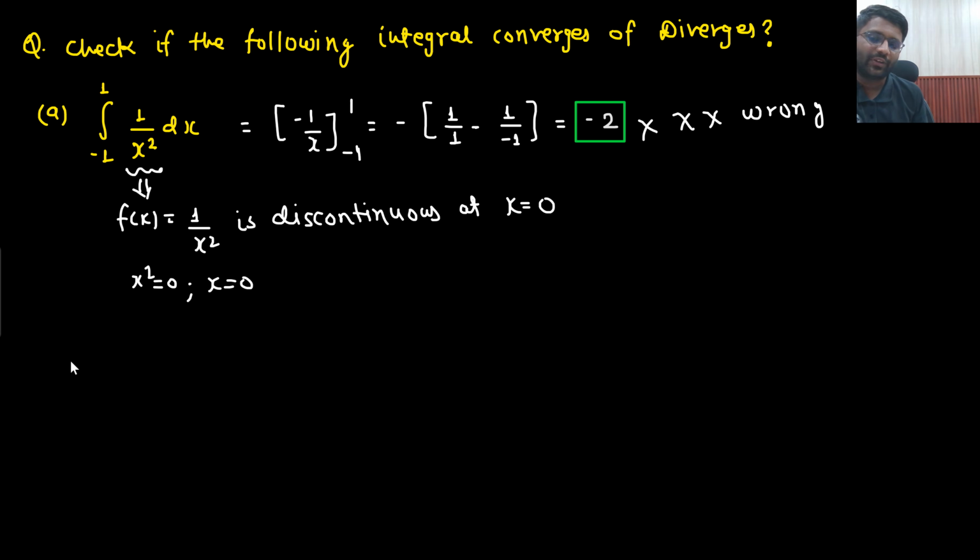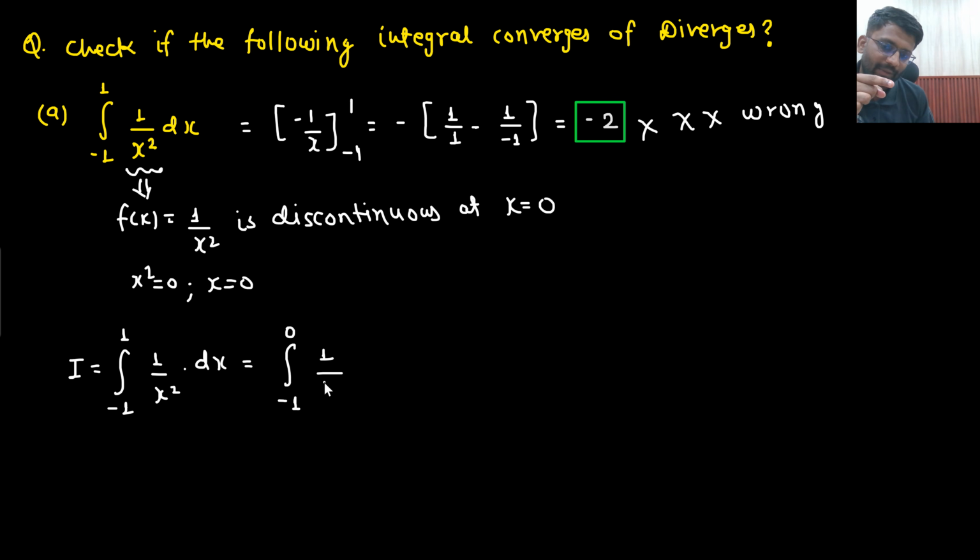So how to solve these kinds of integrations? If it is discontinuous at x equals 0, is x equals 0 lying in this range? Yes sir, it is lying in this range. So I will have to break this integration. From minus 1 to 0, where it is discontinuous, 1 by x square dx, plus from 0 to 1, 1 by x square dx.